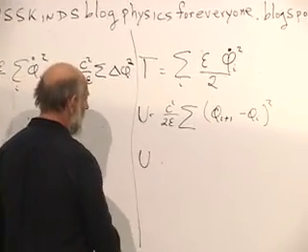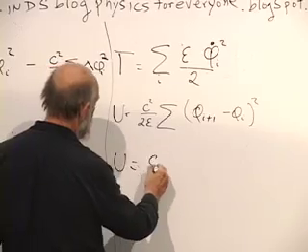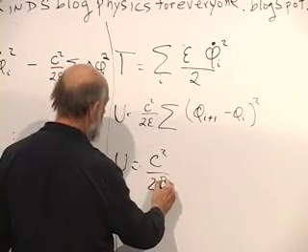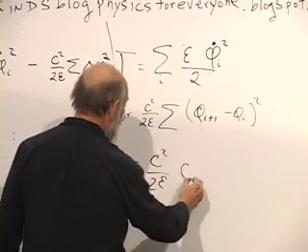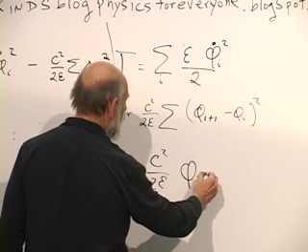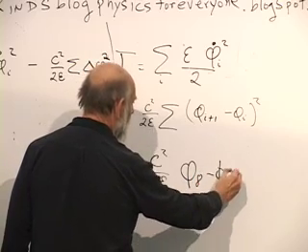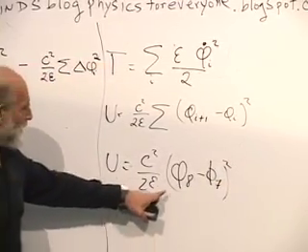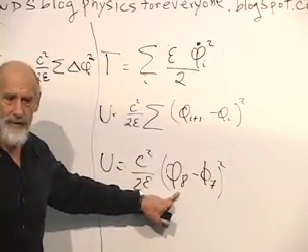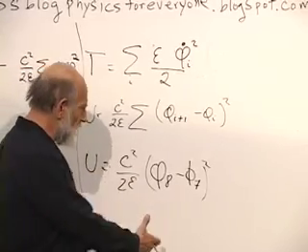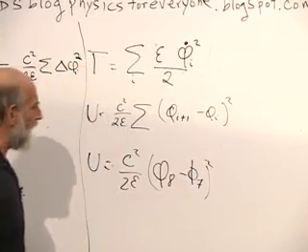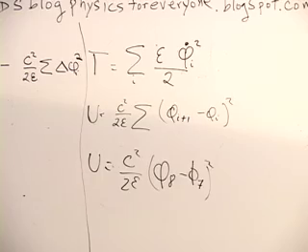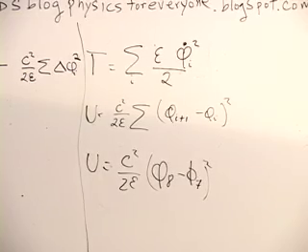So that particular term is c squared over twice epsilon times phi 8 minus phi 7 squared, which incidentally is the same as phi 7 minus phi 8 squared. Okay, it doesn't matter which order we write it. Phi 7 minus phi 8 squared is the same as phi 8 minus phi 7 squared.